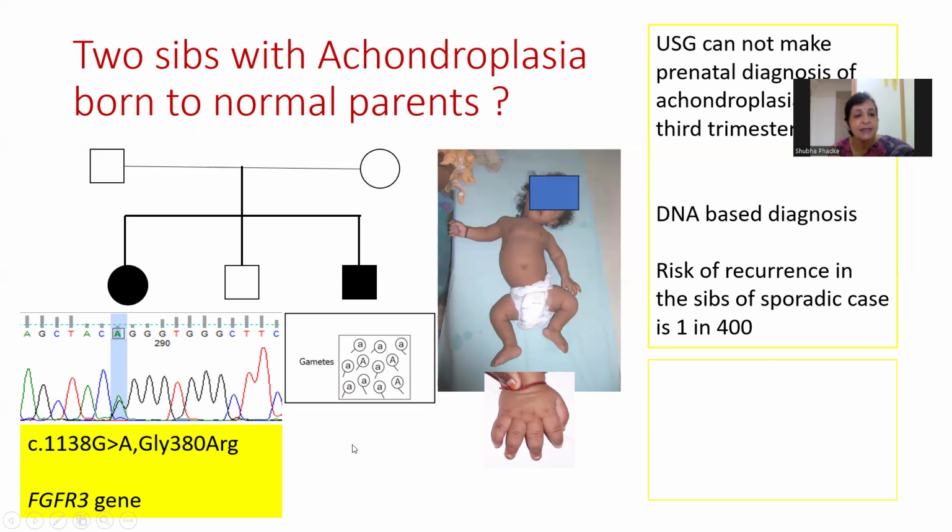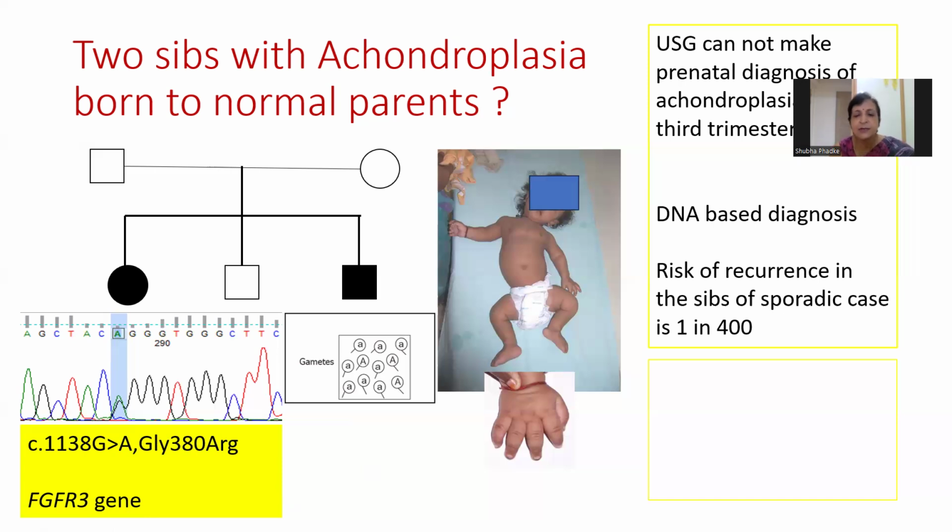It is very easy, because almost 98% of all achondroplasia patients have the same G2A change in the FGFR3 gene, and it is very easy to test for one nucleotide change. It needs a very simple test of Sanger sequencing, and then prenatal diagnosis can be provided.